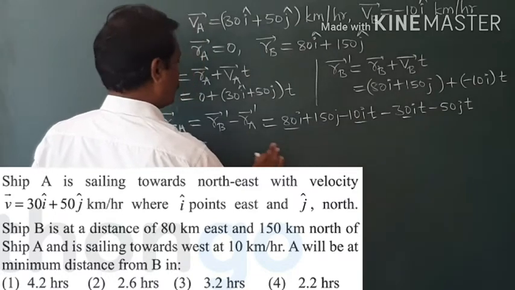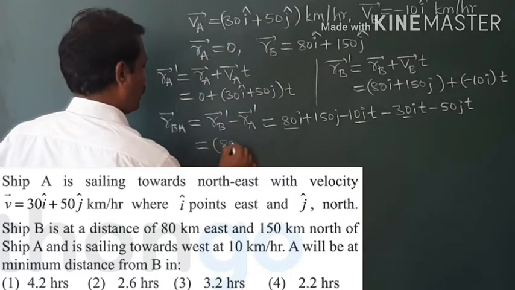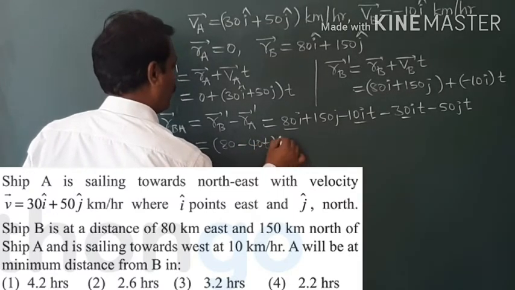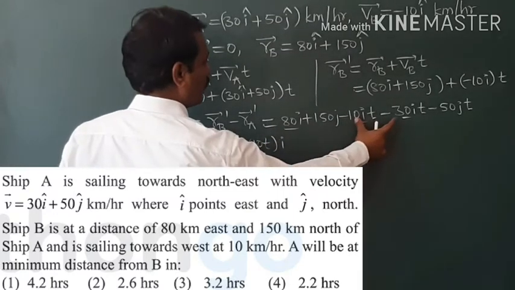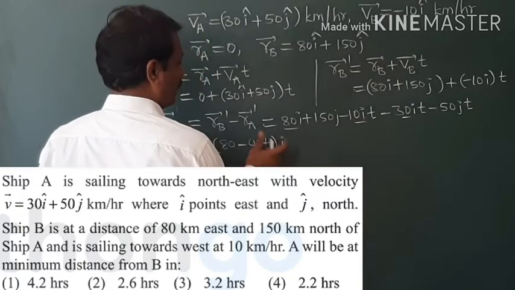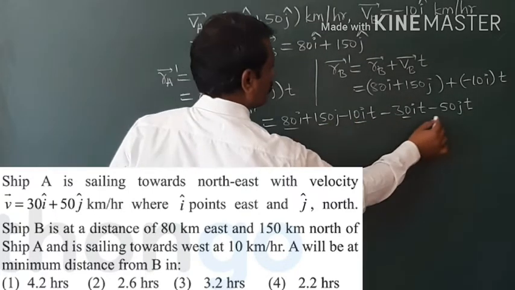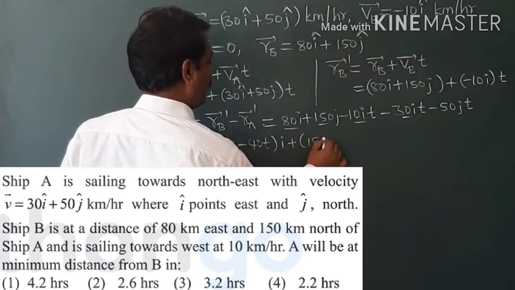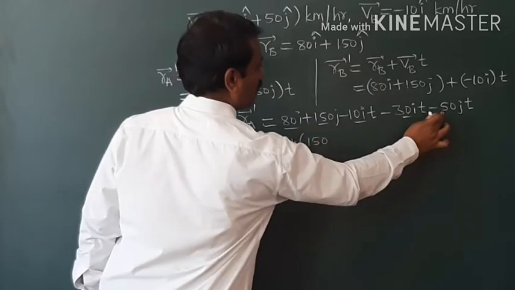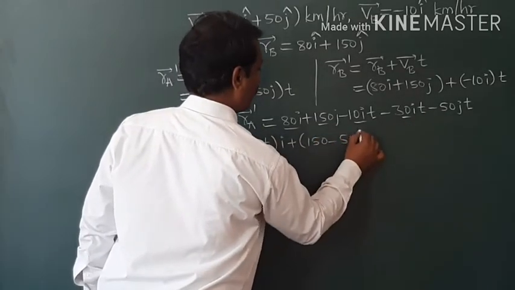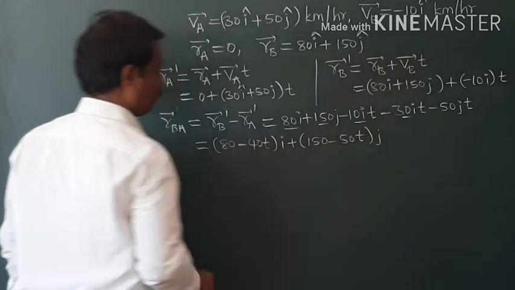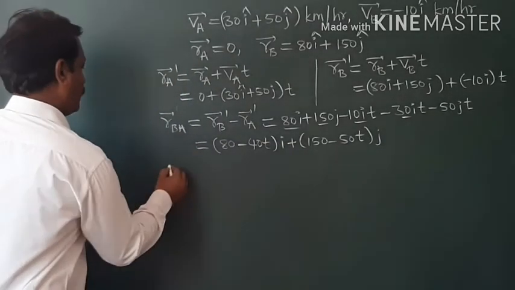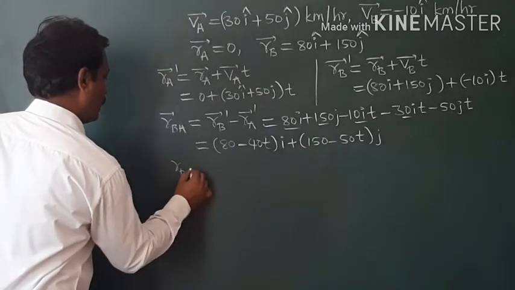So I can write (80 minus 40t) i. Then the j terms are plus 150 j, here minus 50 t j, so (150 minus 50t) j. This is RBA.